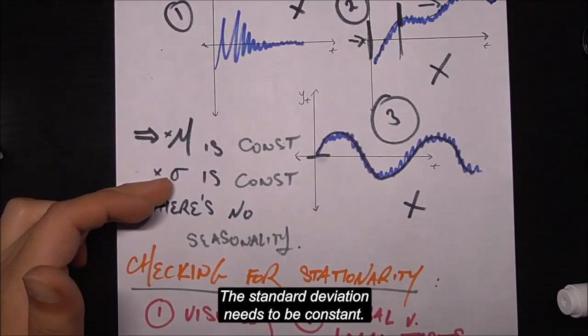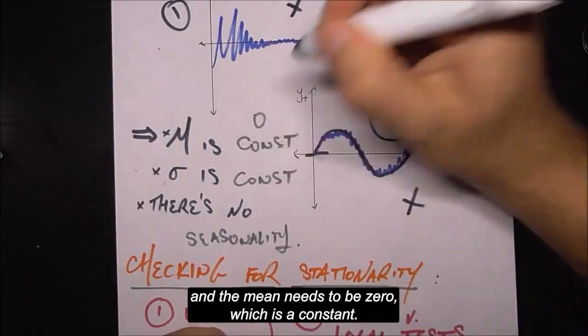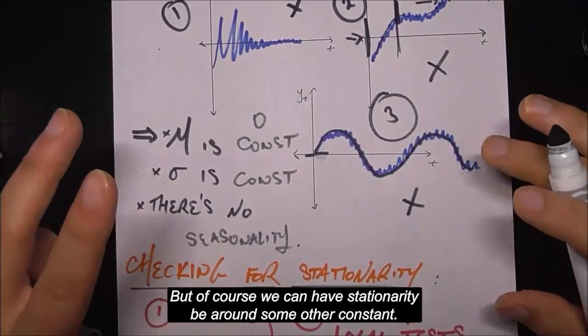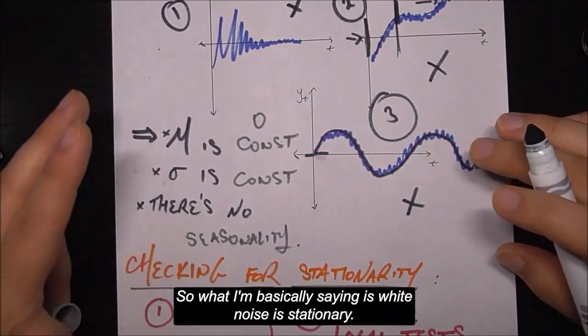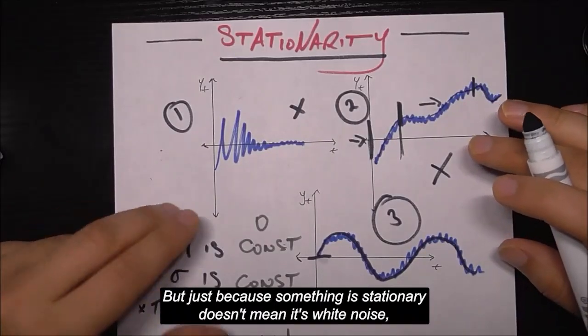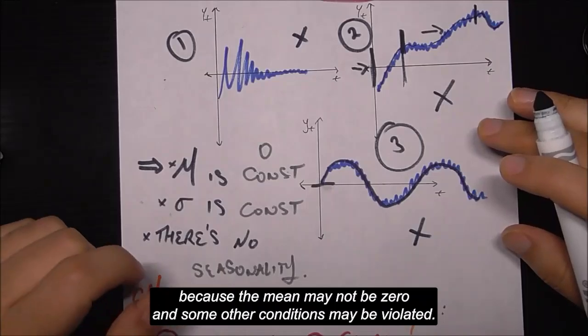The standard deviation needs to be constant. There needs to be no seasonality. And the mean needs to be 0, which is a constant. But of course, we can have stationarity around some other constant. So what I'm basically saying is white noise is stationary. But just because something is stationary doesn't mean it's white noise, because the mean may not be 0 and some other conditions may be violated.